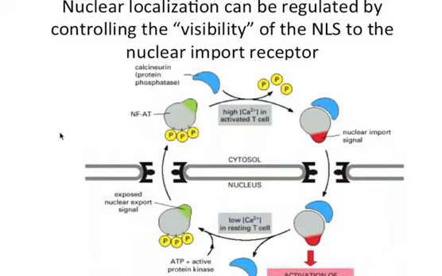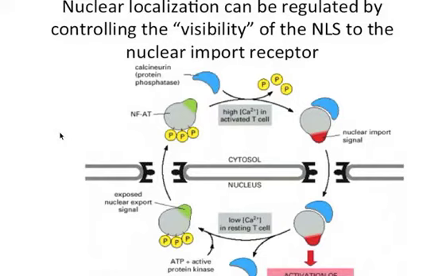And then when it needs to be turned off, calcium will go down. And then that will inactivate this phosphatase, which will allow a kinase to be activated and rephosphorylate that NLS. And then a nuclear export signal will become exposed. And so I guess I forgot to tell you that the phosphatase binds and covers up the nuclear export signal.